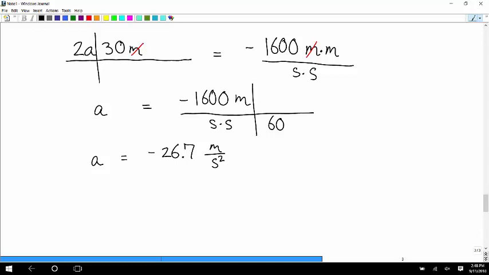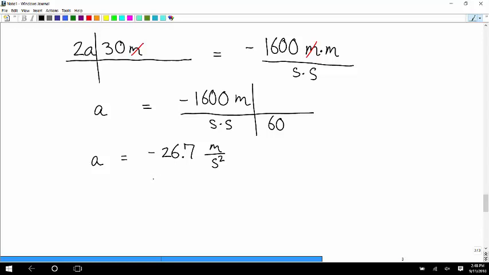But let's think about the sign. Does the sign make sense? It does. And the way to think about it is the car is moving in the positive direction. The velocity is positive. It's slowing down. And that means that the velocity and the acceleration have to have opposite signs. So since the velocity is positive, we know the acceleration has to be negative.